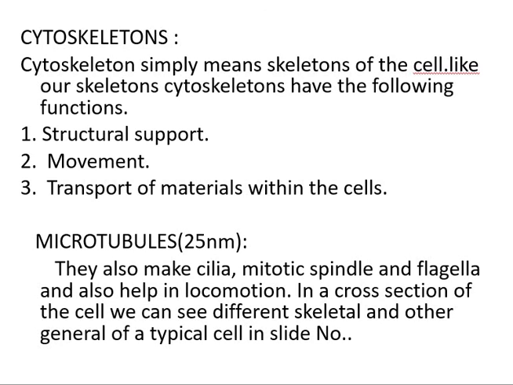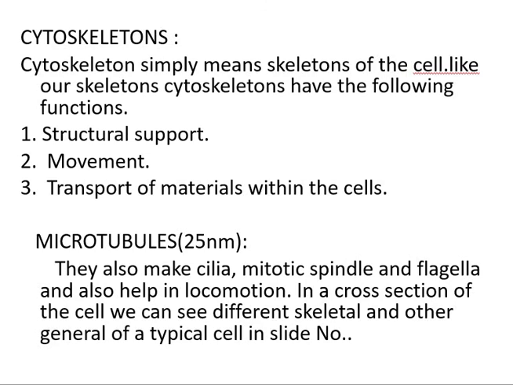Cytoskeleton. Cytoskeleton simply means skeleton of the cells. Like our skeleton, cytoskeletons have the following functions: support, that means structural support for the organism or for the cell. Movement of the cells is provided by cytoplasm, just like amoeboid movements by pseudopodia of the membrane.